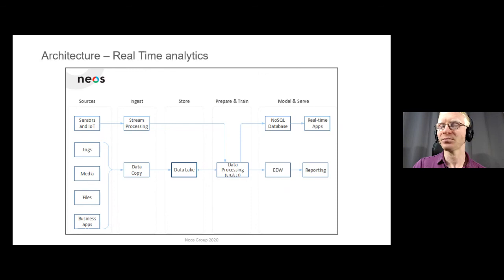So again, the output is divided into two paths. In the world of real time, we call those paths cold and hot. At the top of the diagram, you can find the hot path right there.